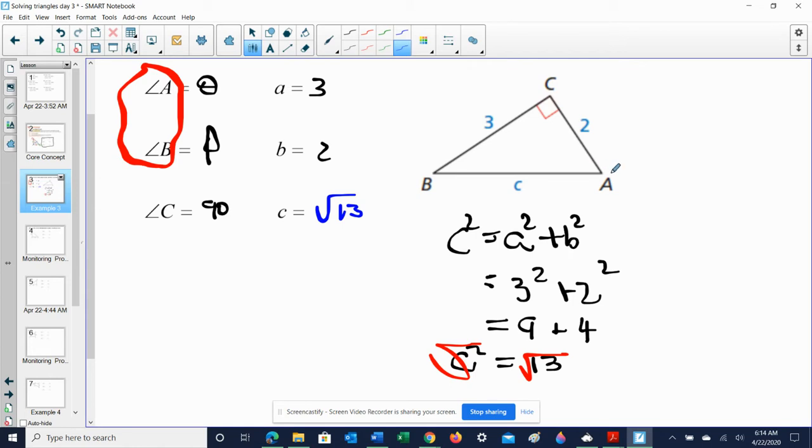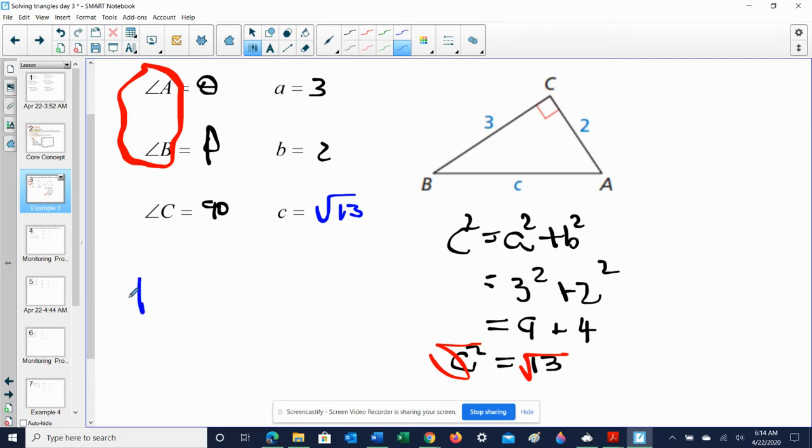Well, we can use sine, cosine, or tangent, right? That's what we did the past few days, so we know. Let's work with angle A first. We can use any of the sides. I like using tangent only because it's opposite and adjacent. Opposite and adjacent, we know the 3 and 2.